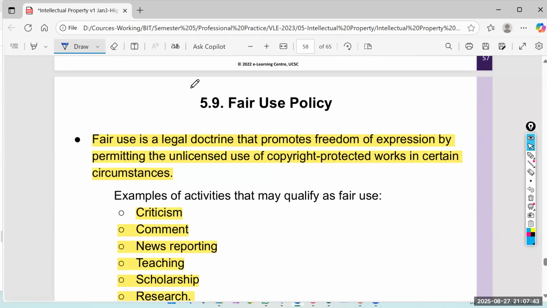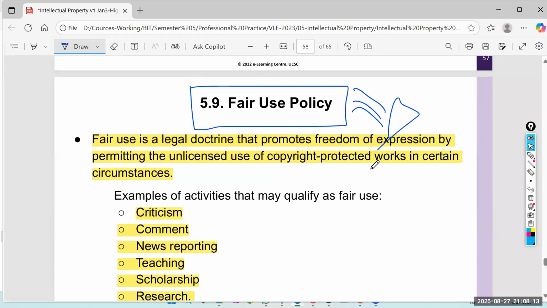right. Fair use policy, because we discussed Creative Commons. Remember, Creative Commons is more for content sharing, not for software. Those who get access to the contents have limited rights. What are those? You can take that kind of content published under Creative Commons licenses.